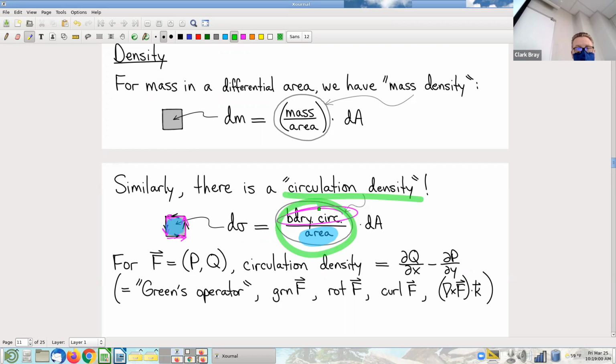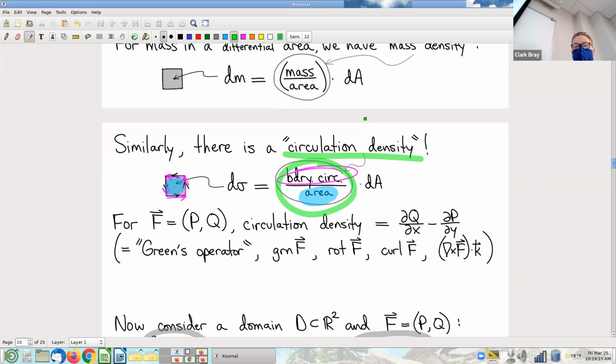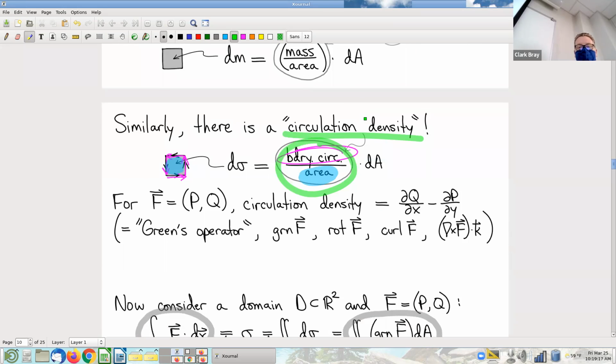In the same way that the accumulating quantity of mass per unit area gives you mass density, likewise circulation per unit area, I'm going to think of as circulation density. We got a little bit further than this last time, but there is this weird fact that circulation per unit area, circulation density, goes by many names.